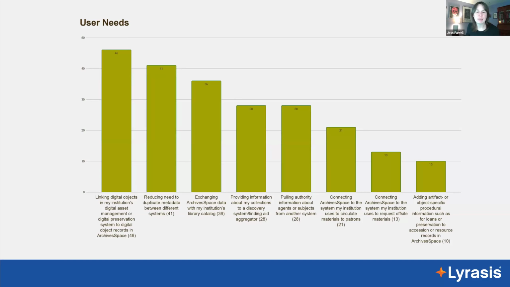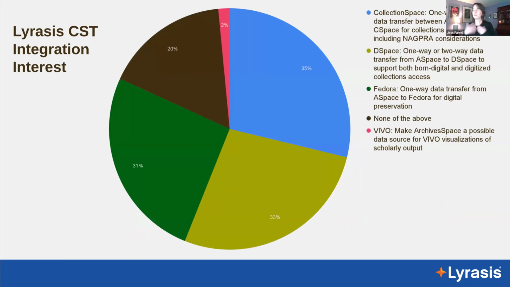Reducing need to duplicate metadata between different systems was the second most popular user need. And exchanging ArchivesSpace data with my institution's library catalog was the third most popular need. And you can see the other user needs that we pulled on here. I just shared those top 3 because they were the ones that we focused on for selecting the interoperability solutions.